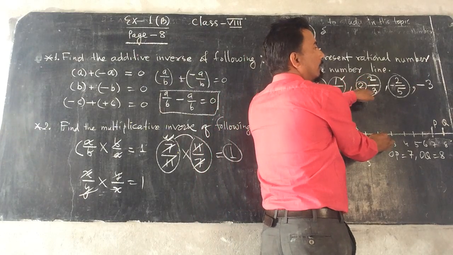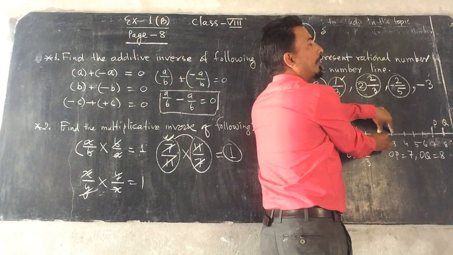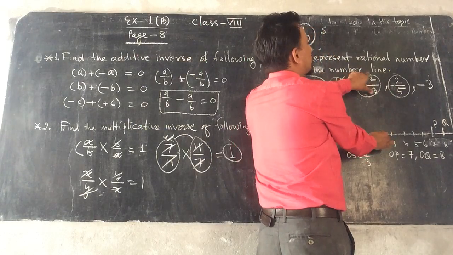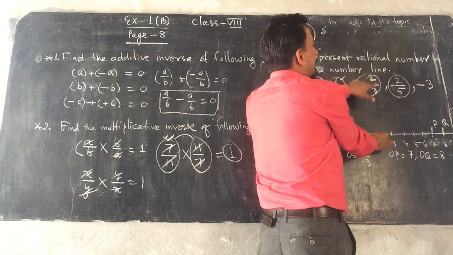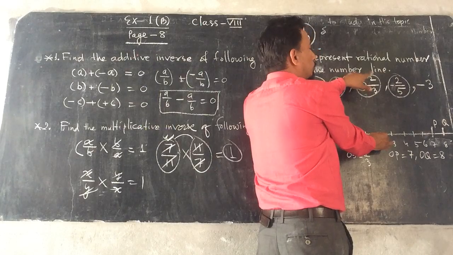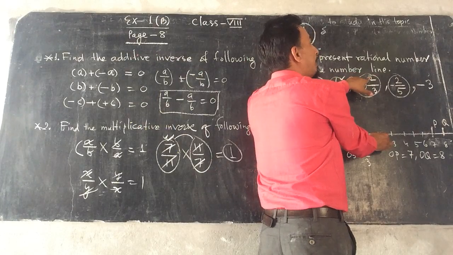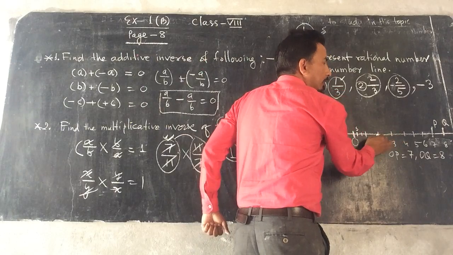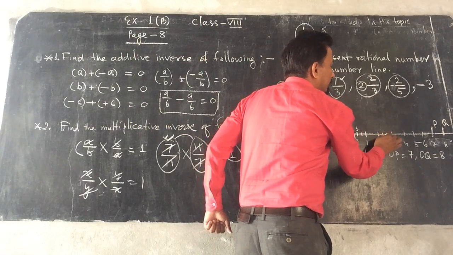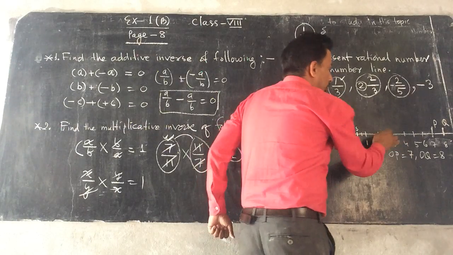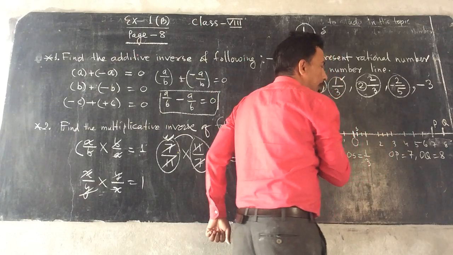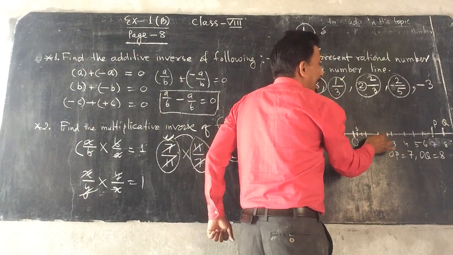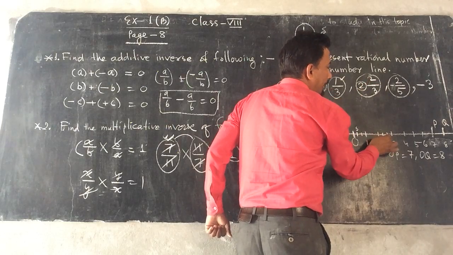2 by 3. 2 by 3 means this part will be divided again into 3 parts. 2 by 3 means 2 parts out of 3 parts. So the third unit or third part will be divided again into 3 parts. And after that 2, 2/3 means 1, 2.